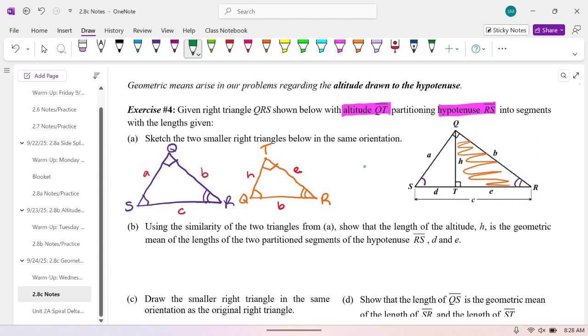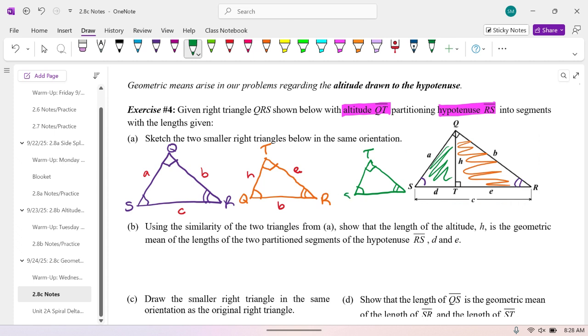And then lastly, our small triangle. Right angle on top, 1 tick on the left, 2 ticks on the right. So my small triangle's right here. So what letter goes with the right angle? T. What letter goes with the 1 tick angle?